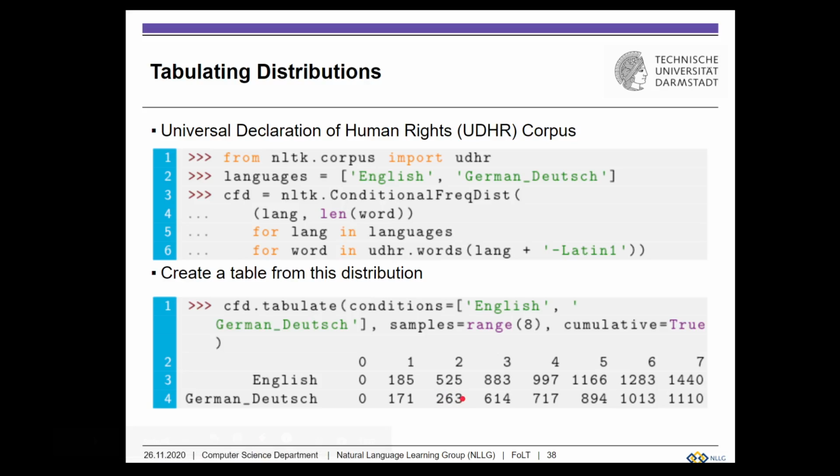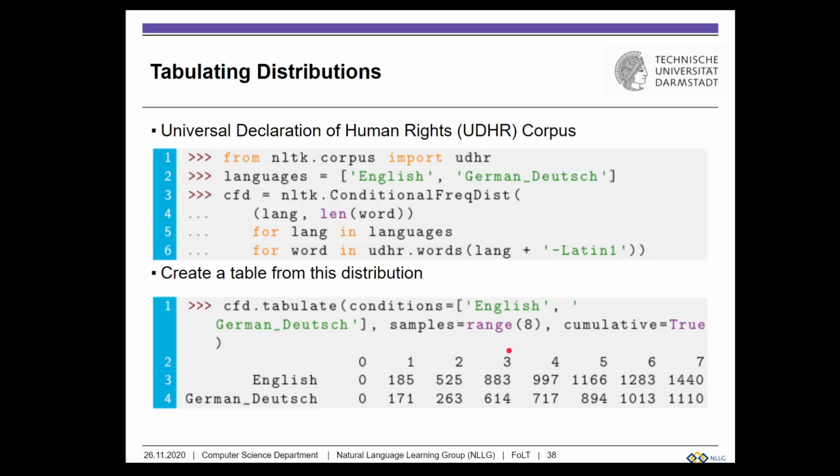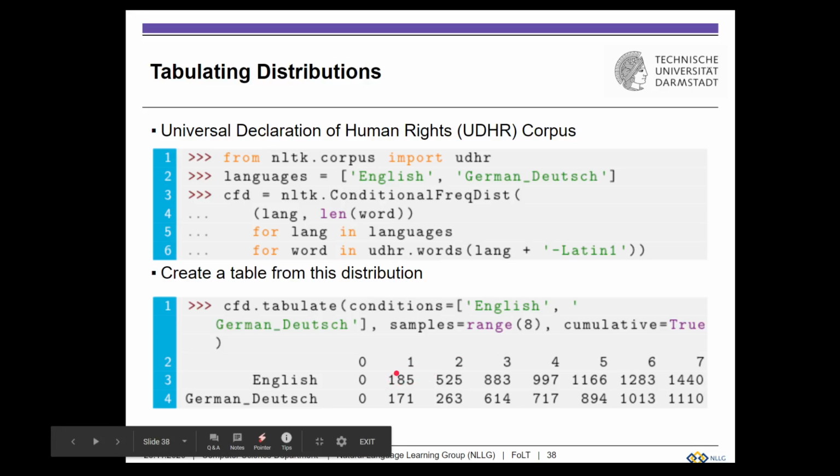Now we have to pay attention here. Is it really 525 and 263? No, it's actually not, because we have something here which says cumulative true. So it really adds the events. It's adding 1 plus 2. So what this actually means is less than or equal to 2, and this means less than or equal to 3. So the number of words of length 2 in English is actually this number minus this number, right?